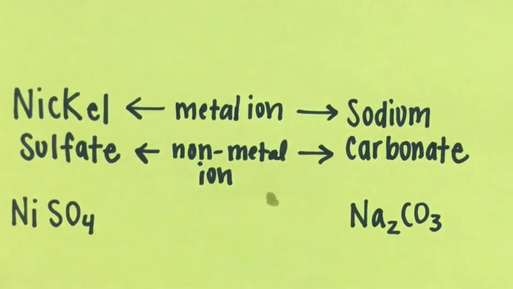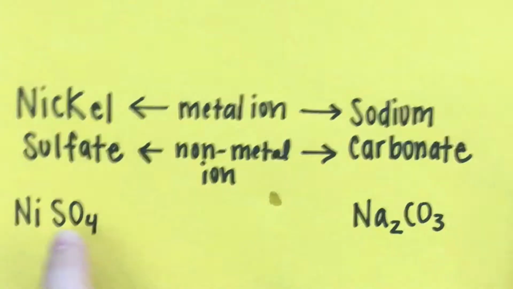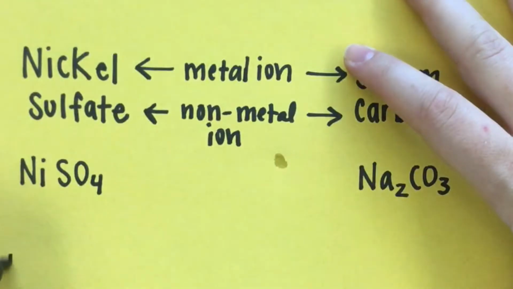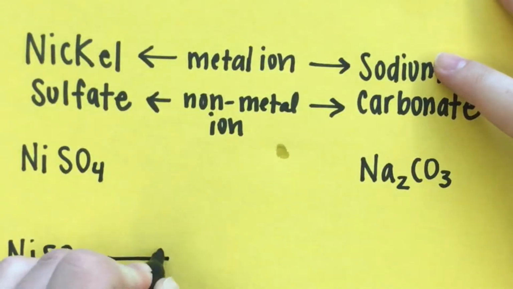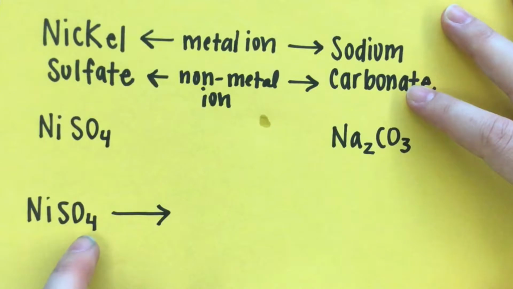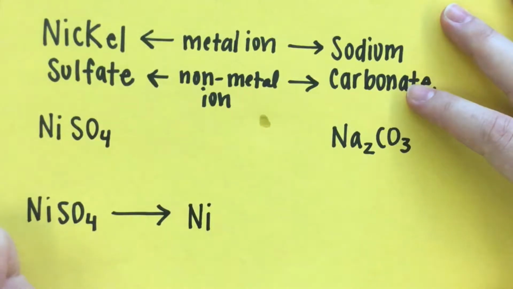Like I was saying here, our nickel sulfate is made up of nickel ions and sulfate ions. When nickel sulfate is put into water, these ions will separate from each other. And when they separate, they will have a charge.